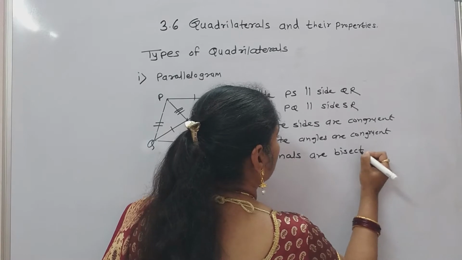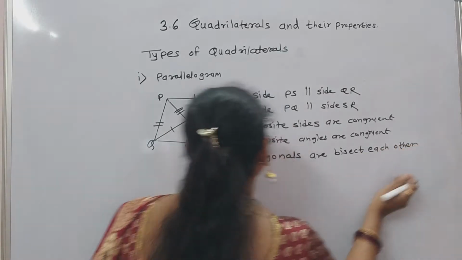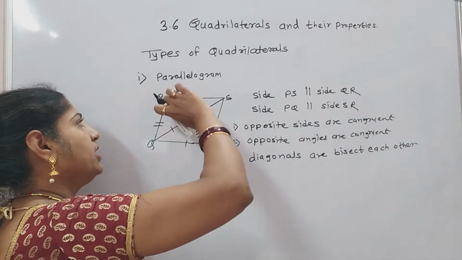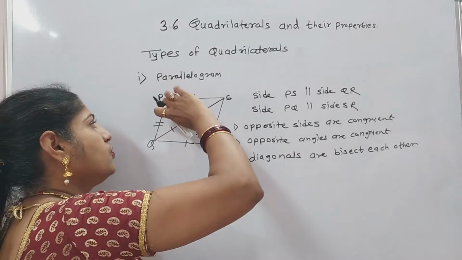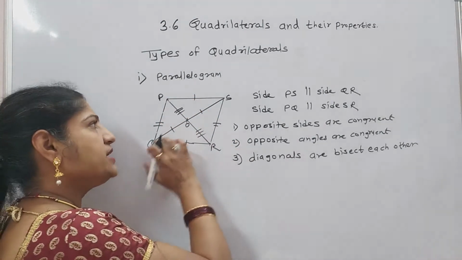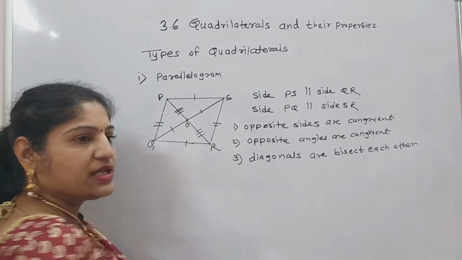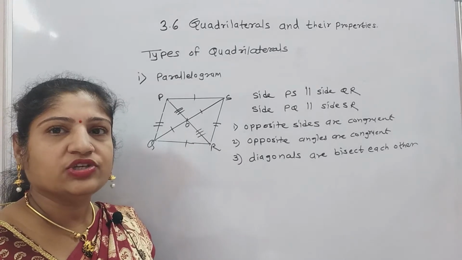Bisect means two equal parts. If PR equals 10, then PO and OR are half of 10, that is 5 and 5. If QS equals 12, then OQ is 6 centimeters and OS is 6 centimeters.